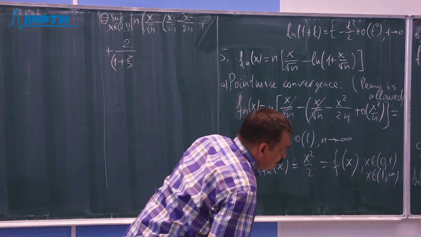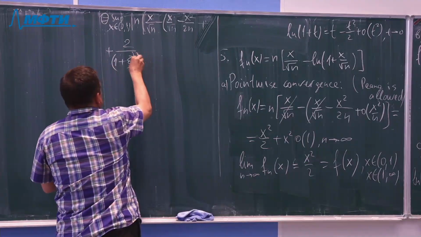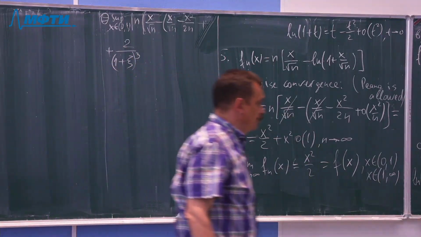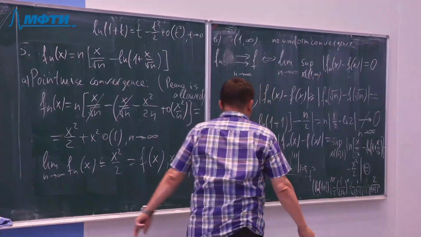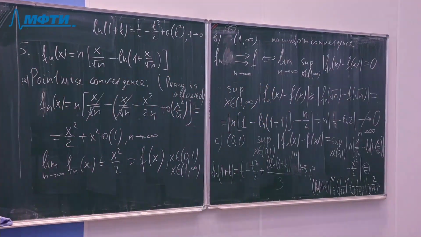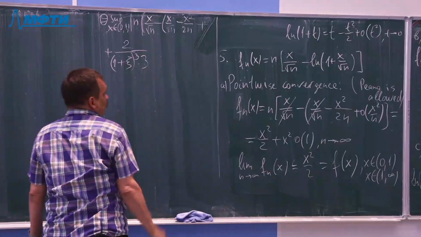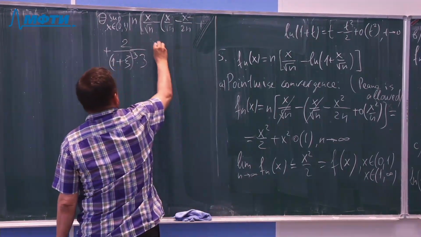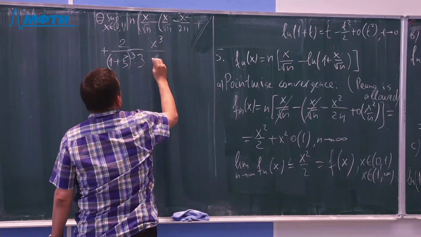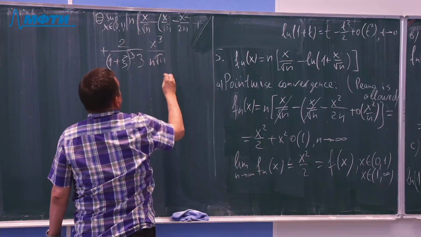Which power? Cube, right? That is the third derivative, divided by 3 factorial, times t cubed. What is it? x cubed over n square root of n.